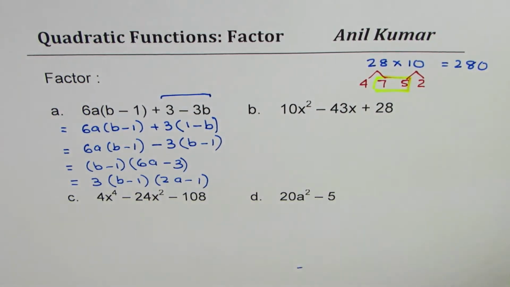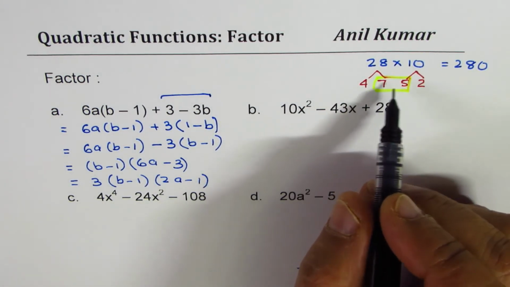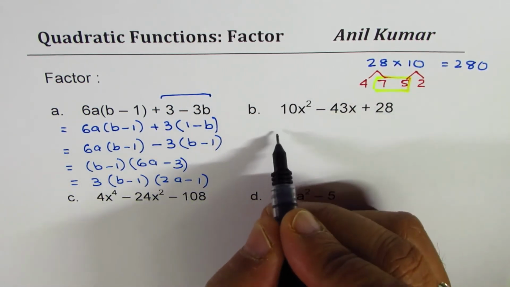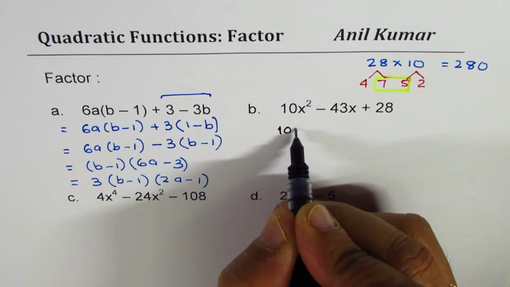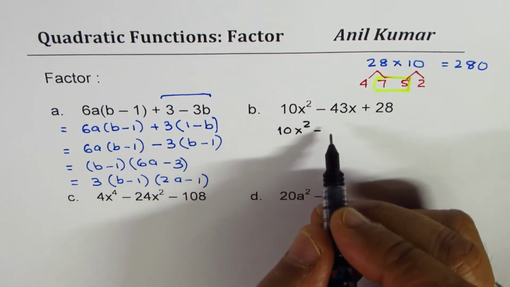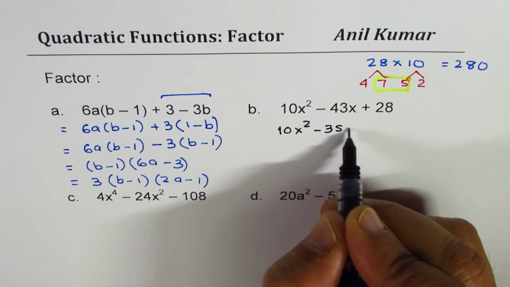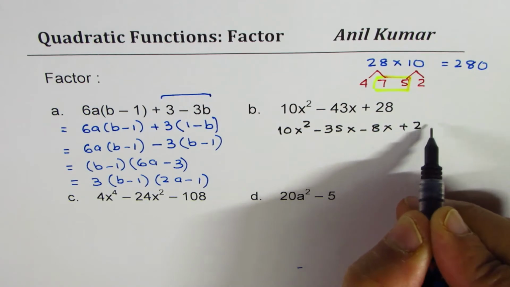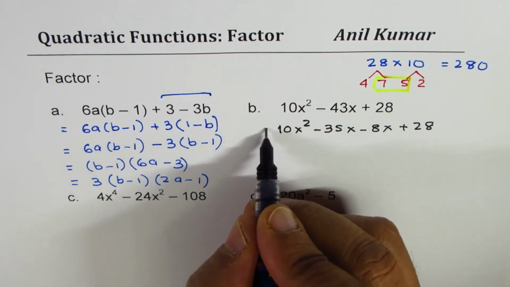We'll split 43x with the combination of 7 times 5, which is 35, and 8. So I can write this as 10x squared, both negative, they multiply to positive, minus 35x minus 8x. Do you see that? So that is why I've taken up this particular equation.